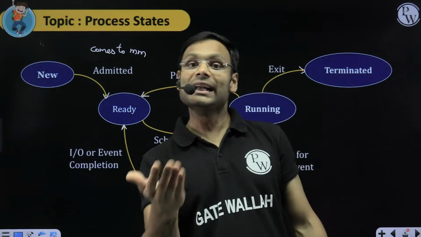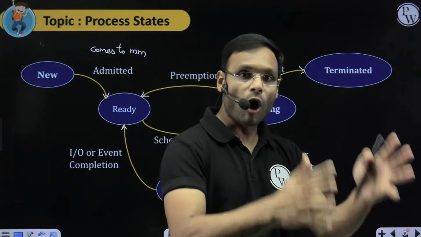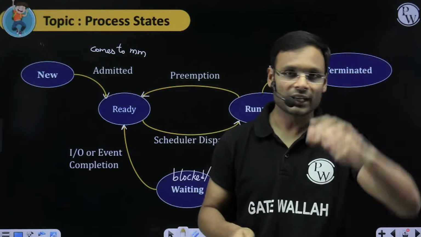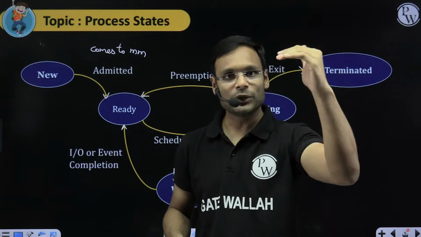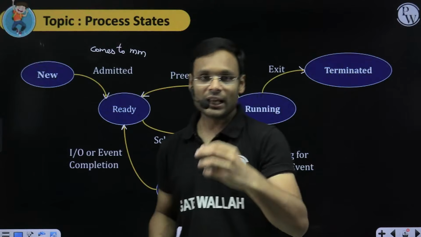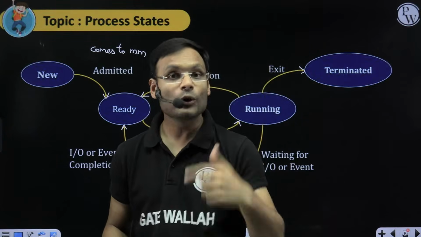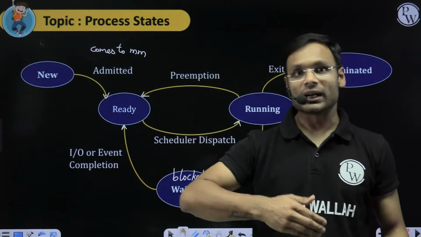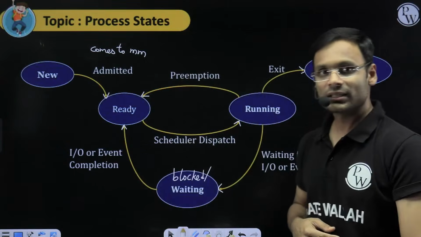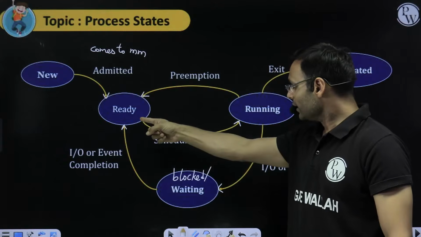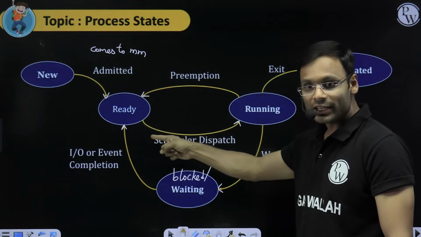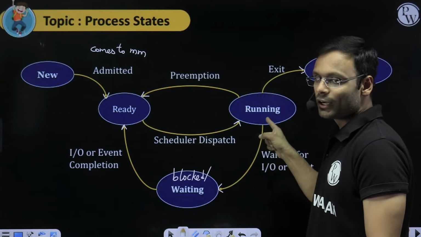Among the ready state processes, if four processes P1, P2, P3, P4 are there, the OS decides which process will be scheduled next to run on CPU. So the OS runs that particular process next by scheduling. That's why one of the ready processes takes the transition and goes to running state.